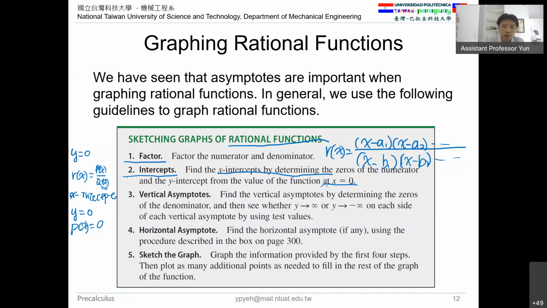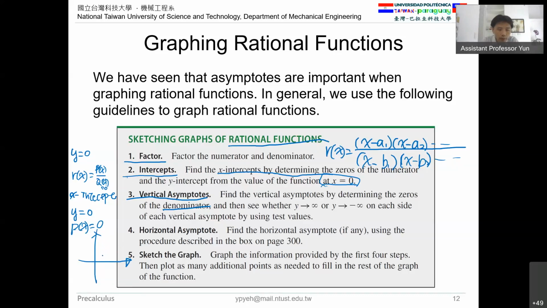So that's the general step, even for polynomial functions. Okay. Then the next step is finding the vertical asymptotes, which are the zeros of the denominator. Once we find the vertical asymptotes, we then find the end behavior of these functions.